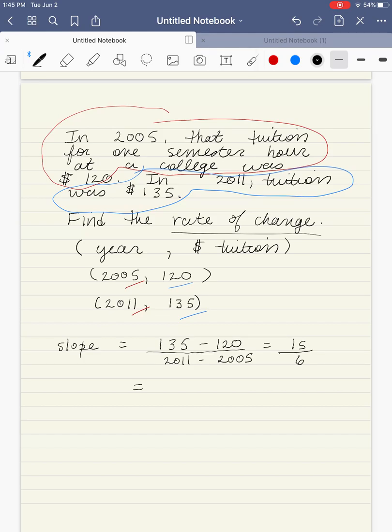And because this is a dollar amount, I'm going to go ahead and use my calculator. I could simplify this, dividing out the 3, and I'd have 5 halves. But because we're talking about the rate of change in dollars per year, I'm going to rewrite this as 2.50.